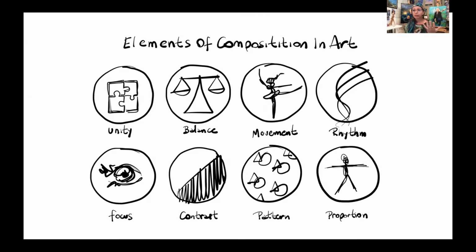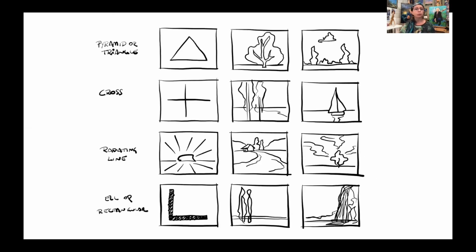You're going to see rhythm. Yes, there is rhythm in a simple two-dimensional piece. We're going to talk about focus, what is the main part of your composition. We're going to talk about contrast. We're going to talk about patterns and proportion. The list goes on, but we'll try to keep it simple.